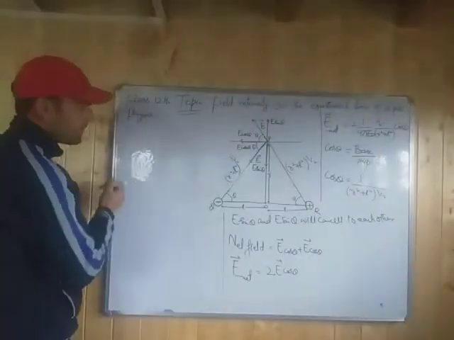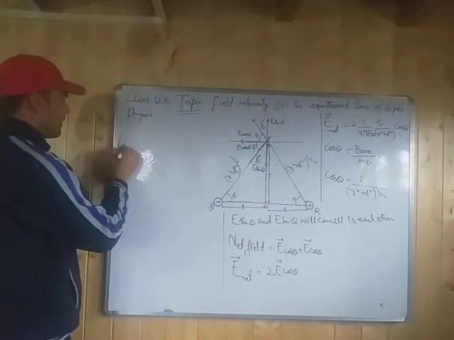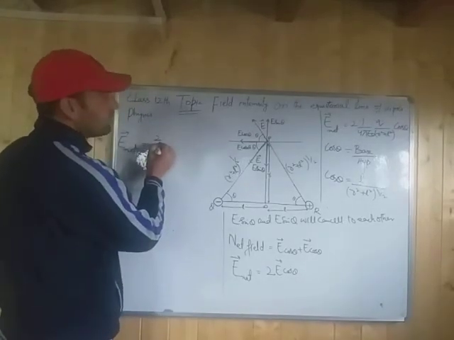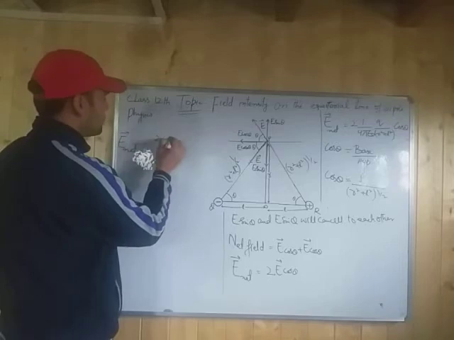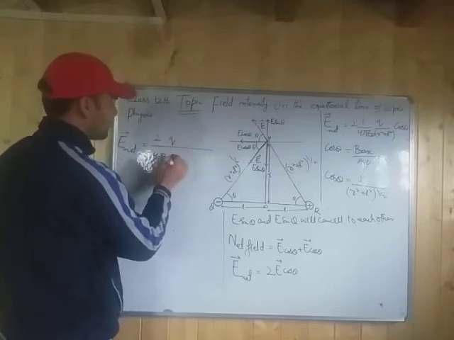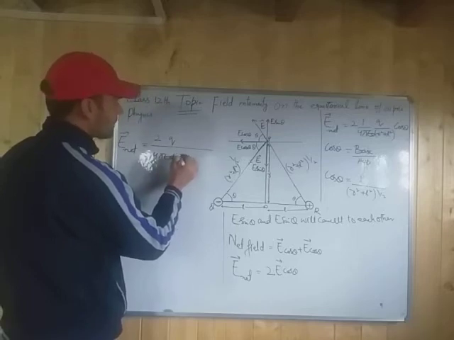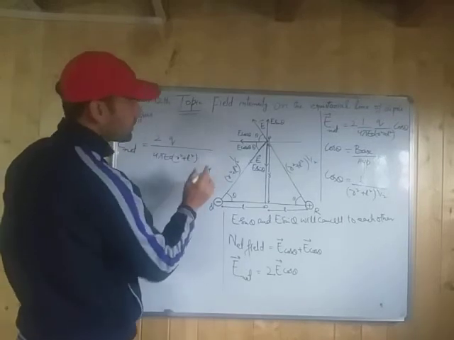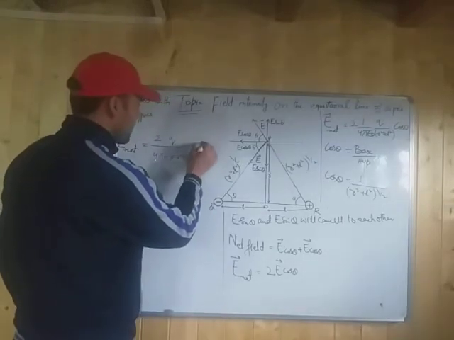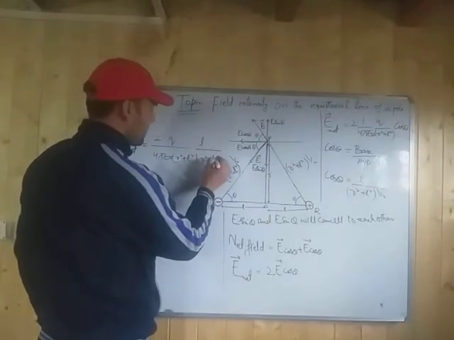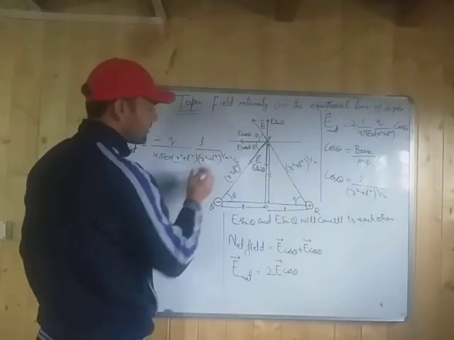Then we can write the net field. E net is equal to twice Q divided by 4 pi epsilon naught into R square plus L square into cos of theta. So cos of theta is L divided by R square plus L square raised to power 1 divided by 2.